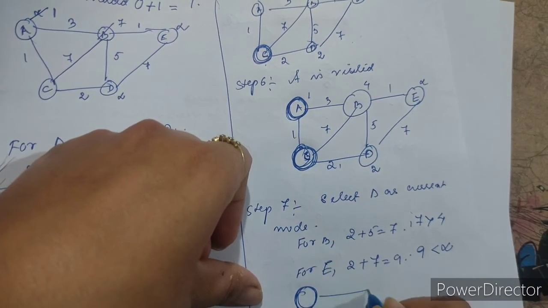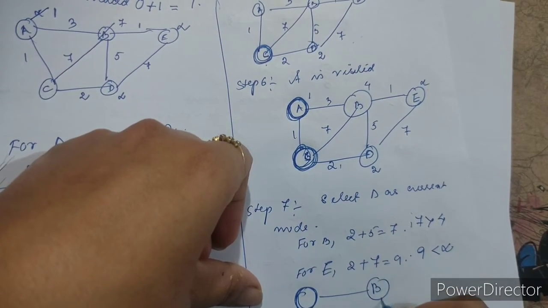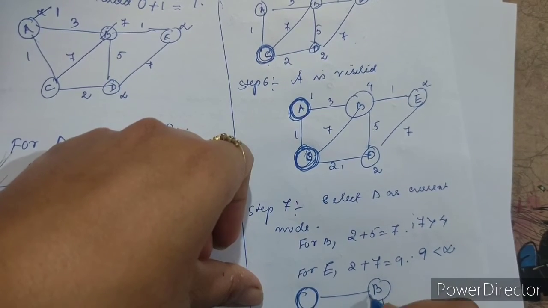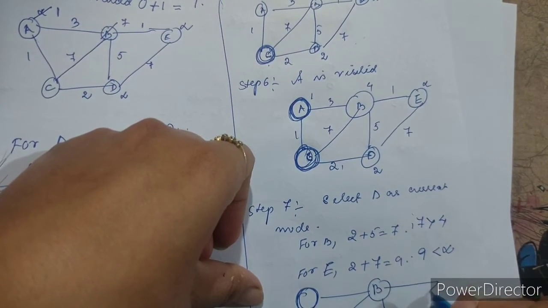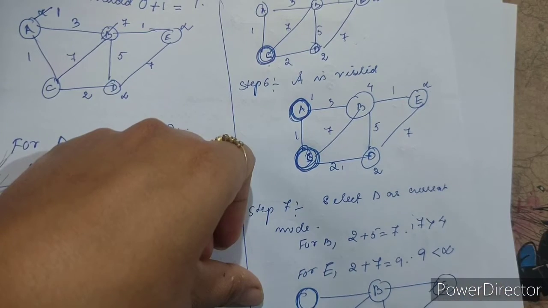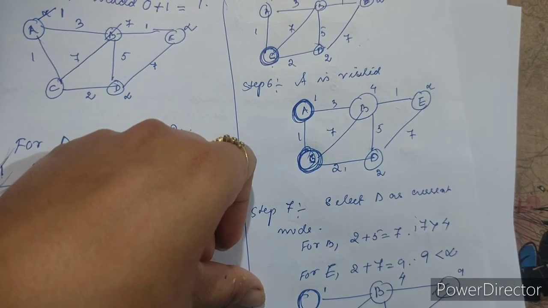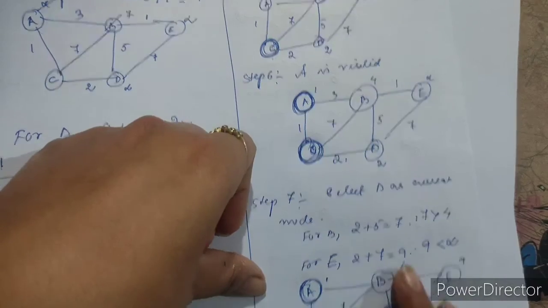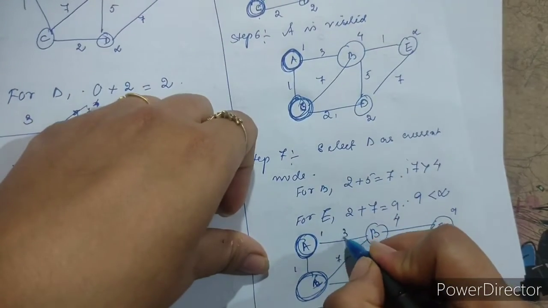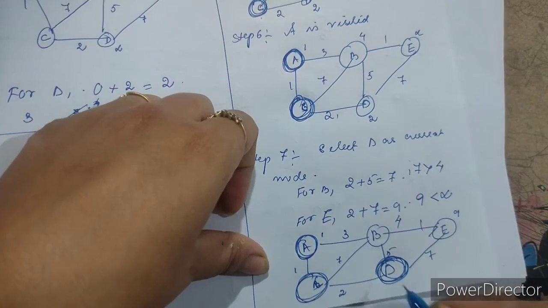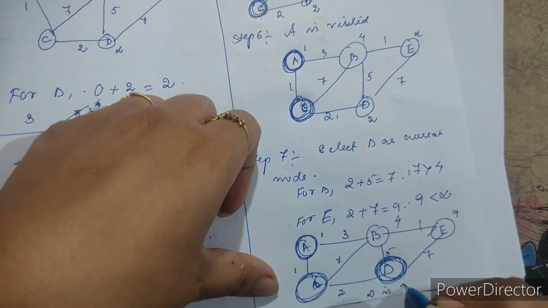Now D is also visited. So this is 9, this is 4, this is 1, 1, 7, 2, B, this is C, A, right? And then this is 3, 5, 7, 1. So this is visited. Now D is visited.